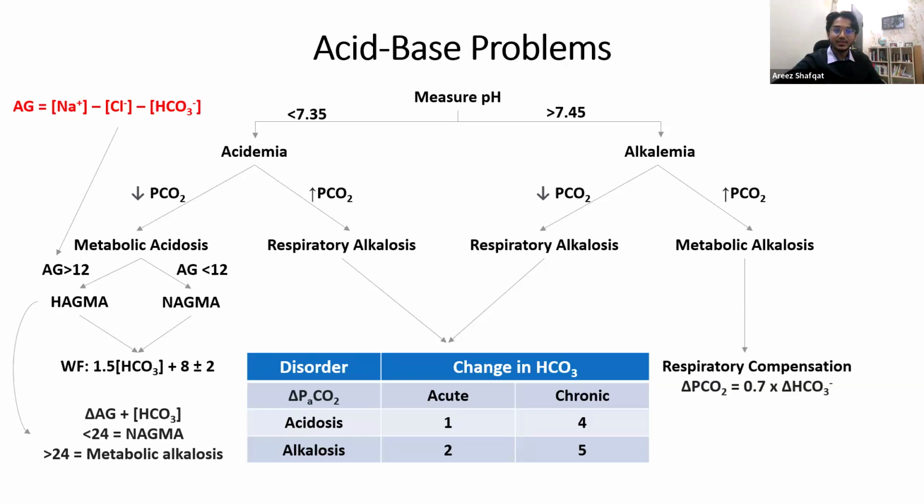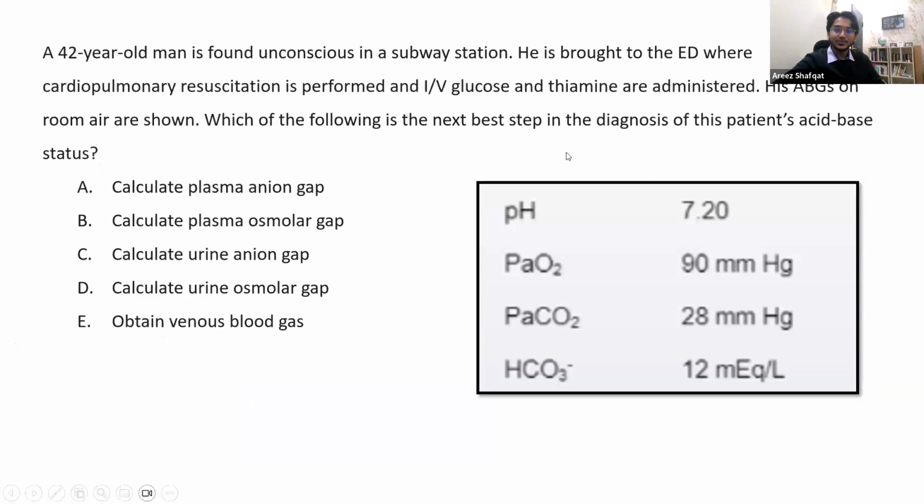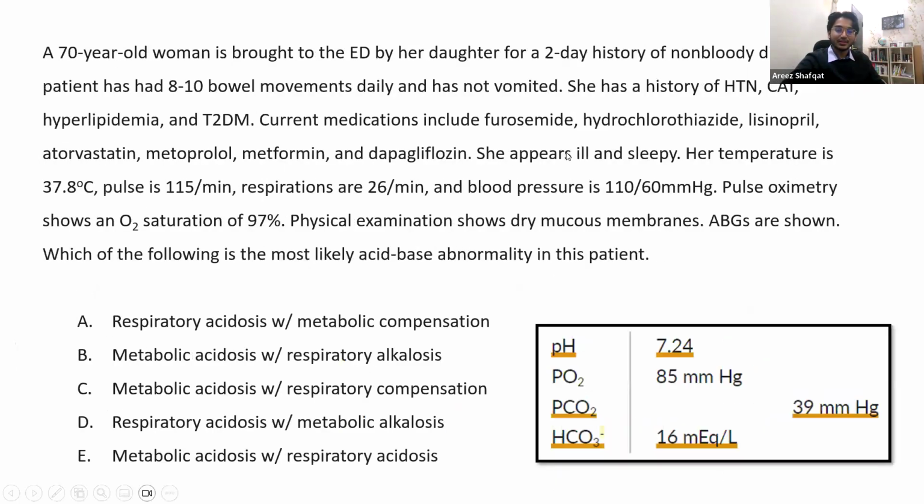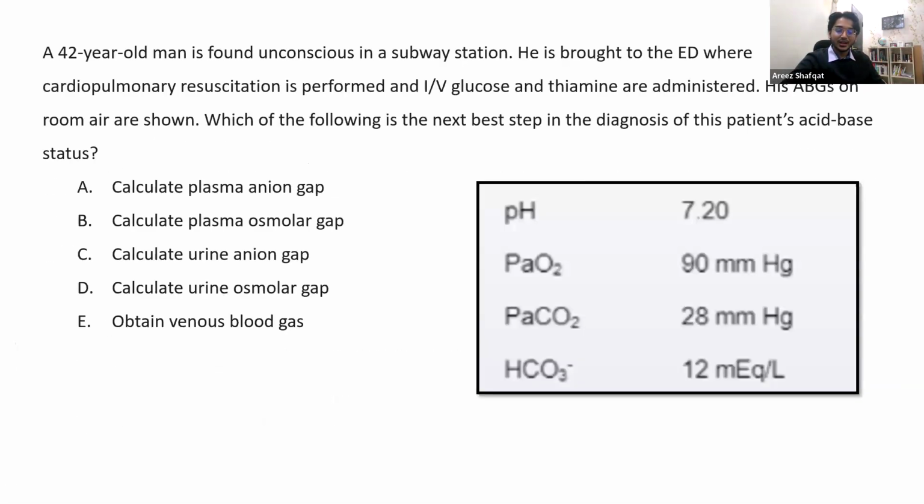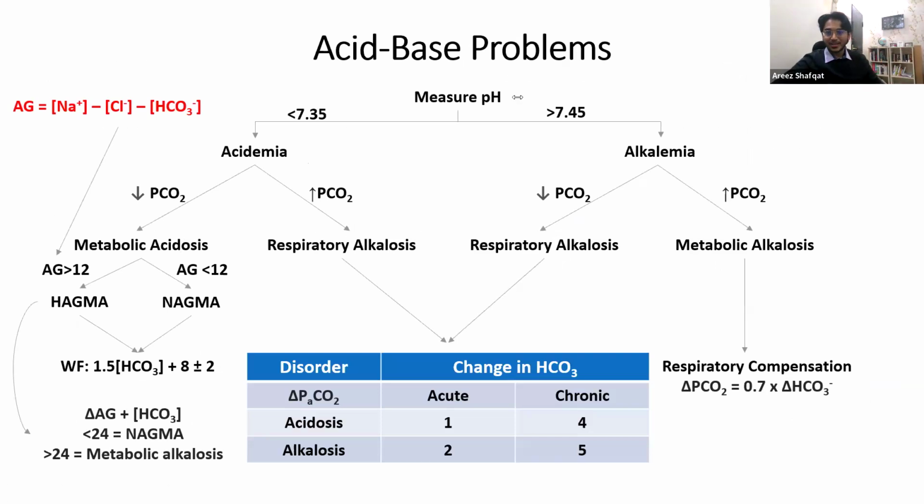For the question we did, it was respiratory alkalosis. So why didn't we use 2 and use 5? That's a good question. The patient we discussed in the last case had a presentation of 2 days history, which indicates a more chronic process. They would always give you a chronic compensation.